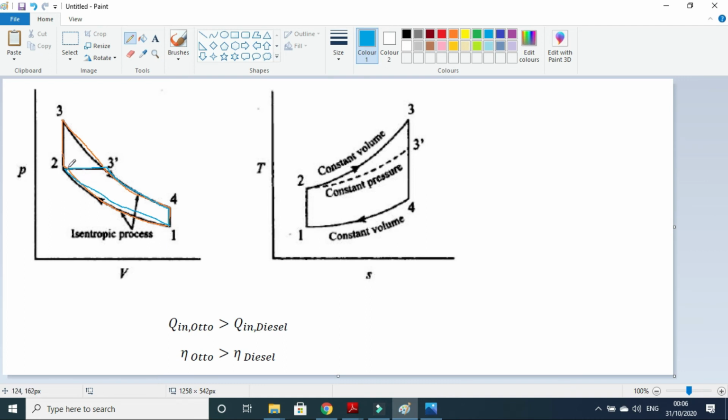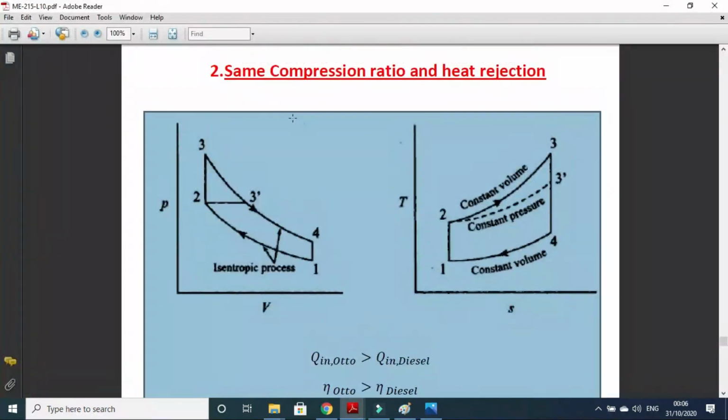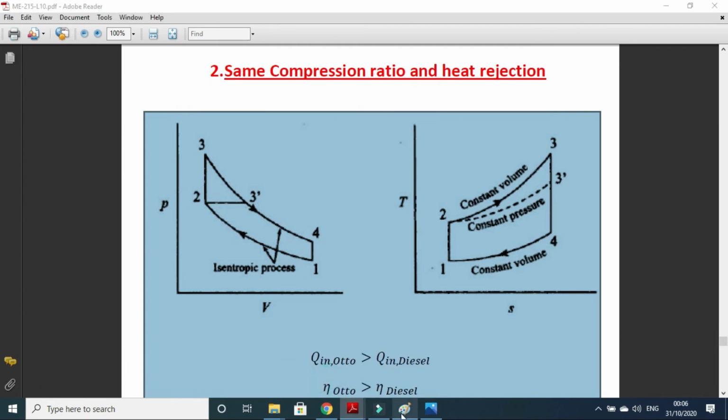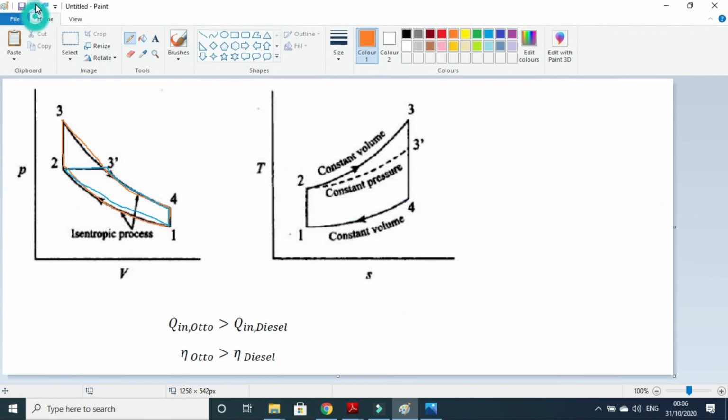So 1 to 2 is the same for both cycles, so this is the same compression ratio, and you can also see that the heat rejection process curve is the same for both cycles. So heat rejection is the same. That is why it is written here: same compression ratio and heat rejection. Now we have to compare the Q in.